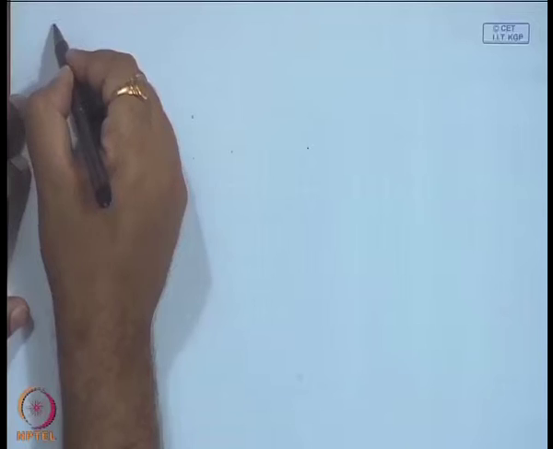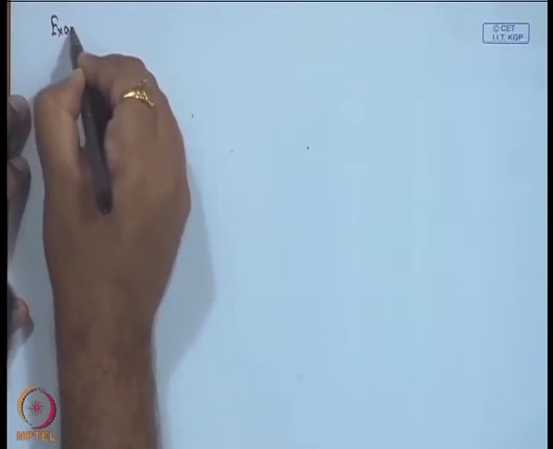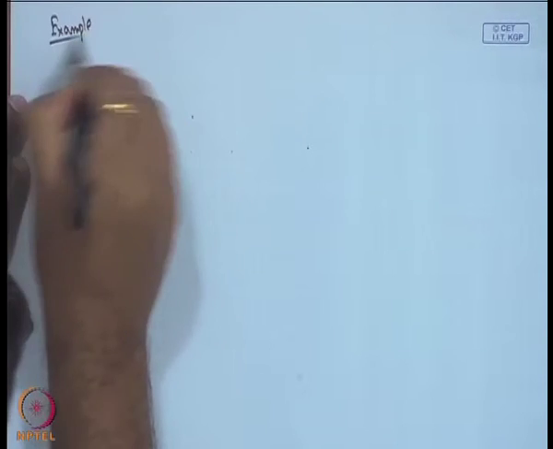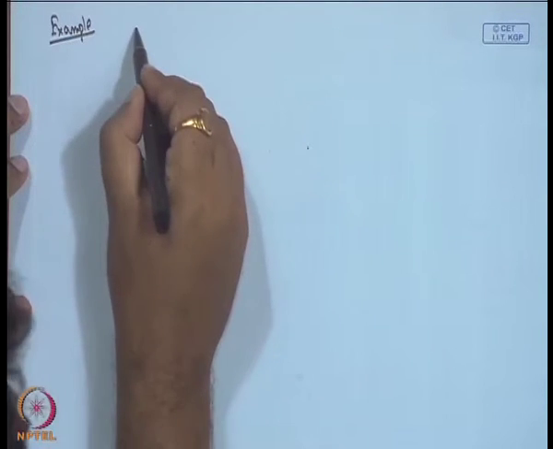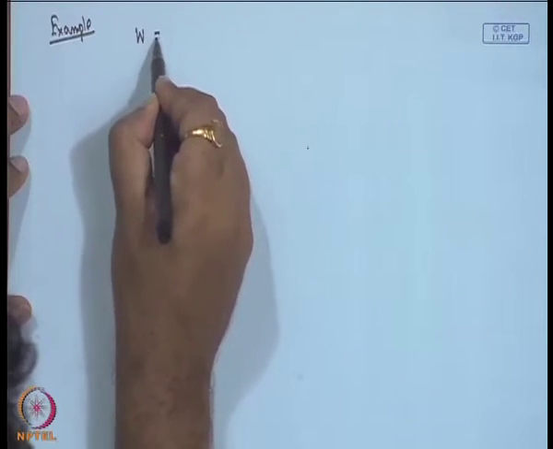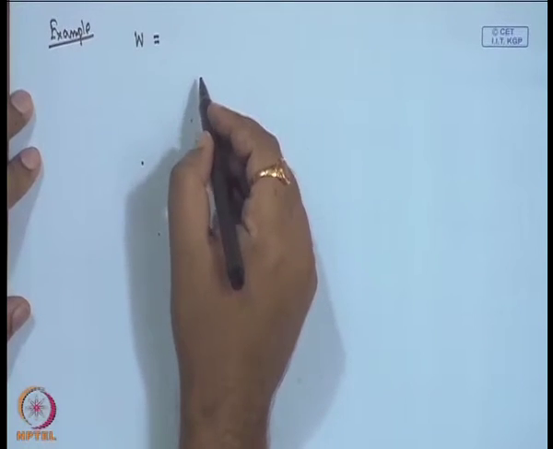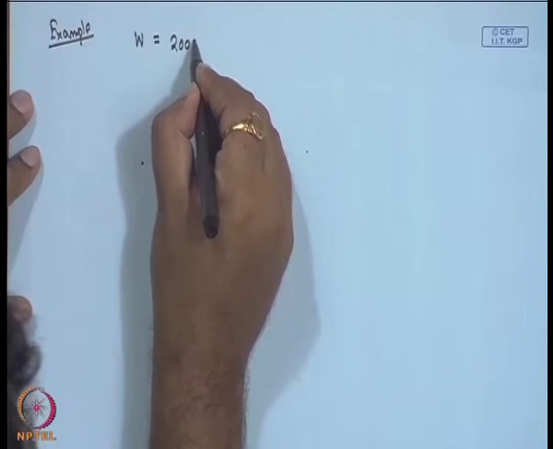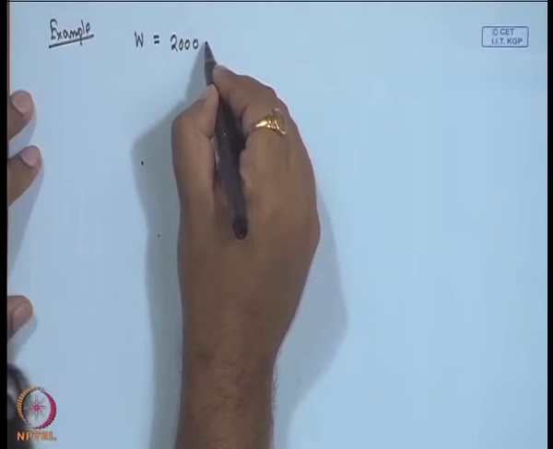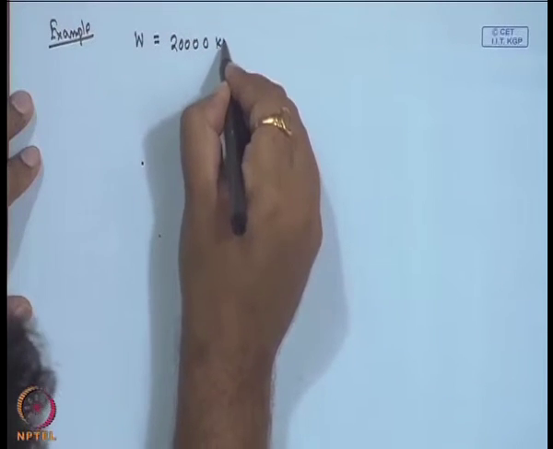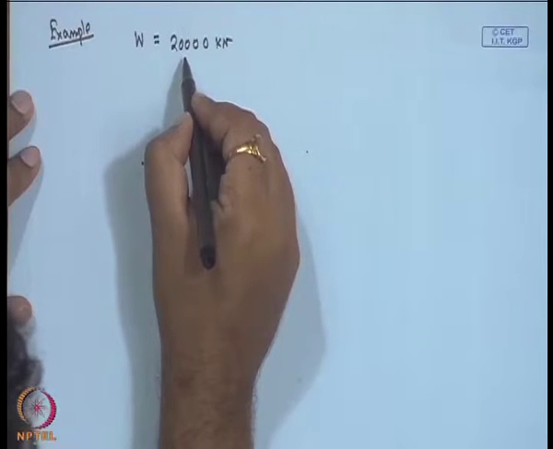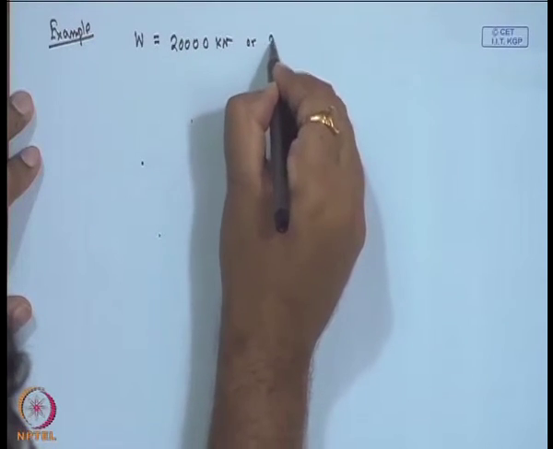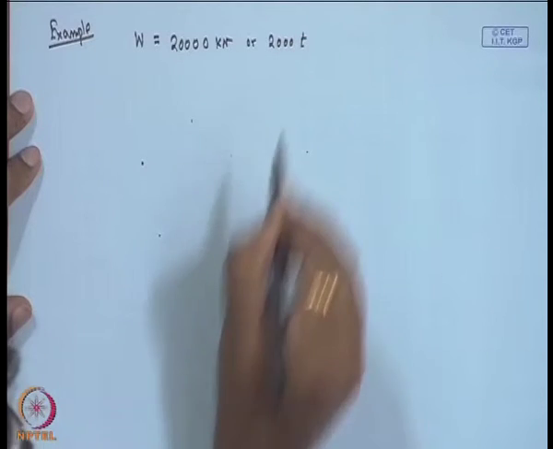So, this is the example. Here the net weight W is given as 20,000 kilonewton, or we can say 2000 ton.